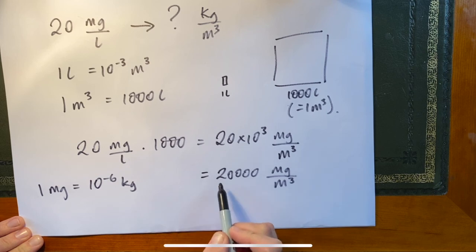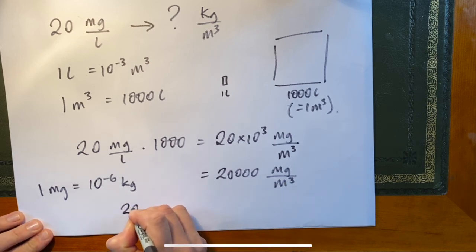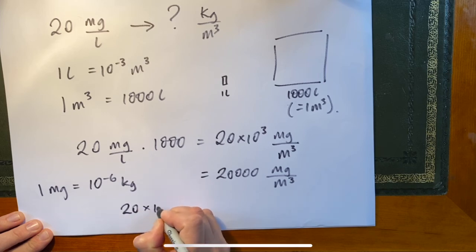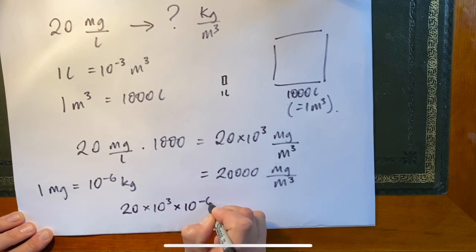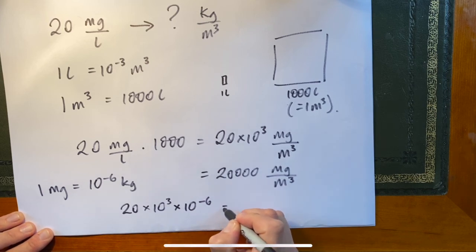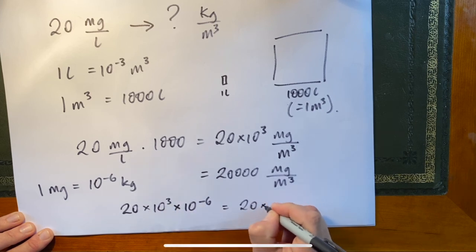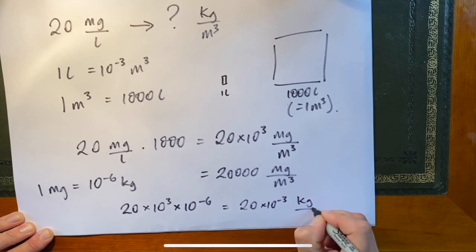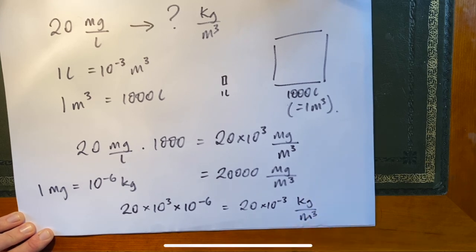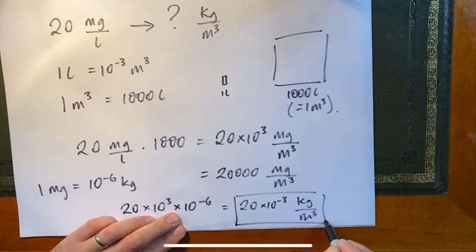So we've got 20,000 milligrams per metre cubed. Let's do that sum. So 20,000, which is 20 times 10 to the 3. Then we're going to divide it by 1 million, which is the same as multiplying by 10 to the minus 6. That then gives us 20 times 10 to the minus 3 kilograms per metre cubed.